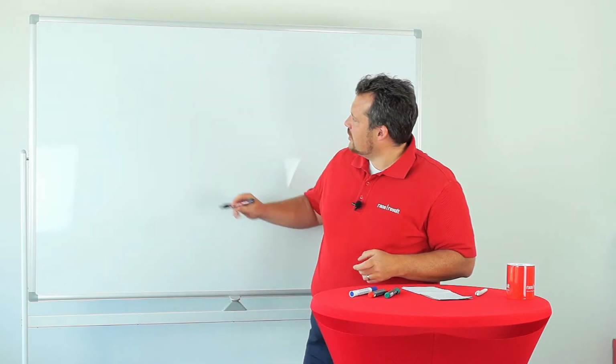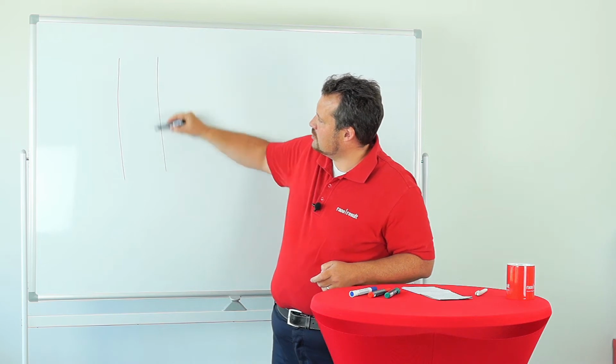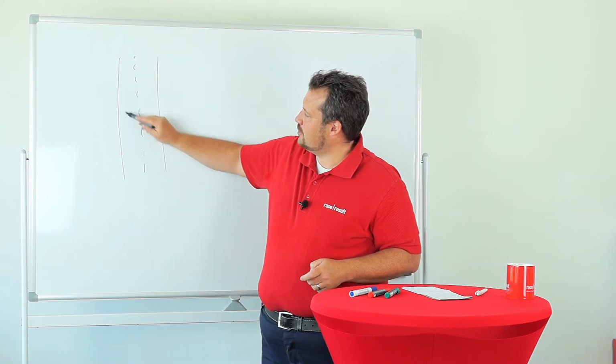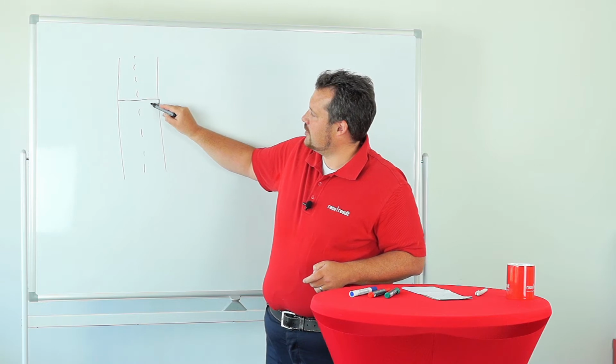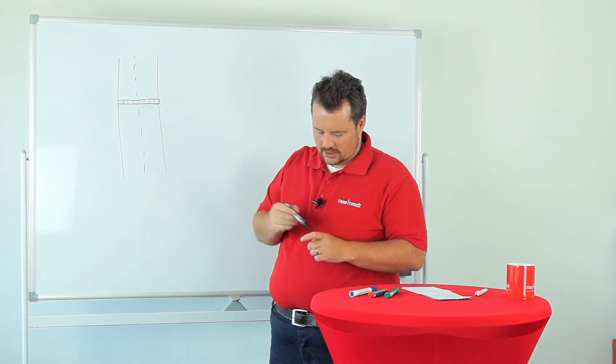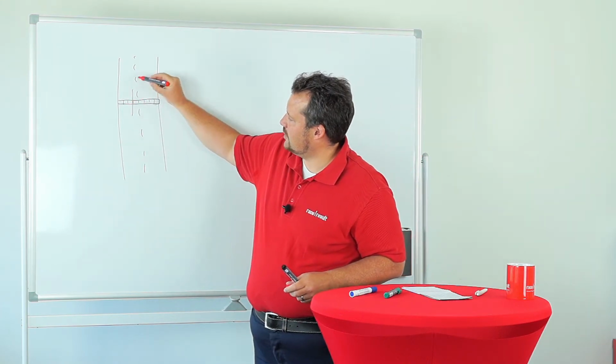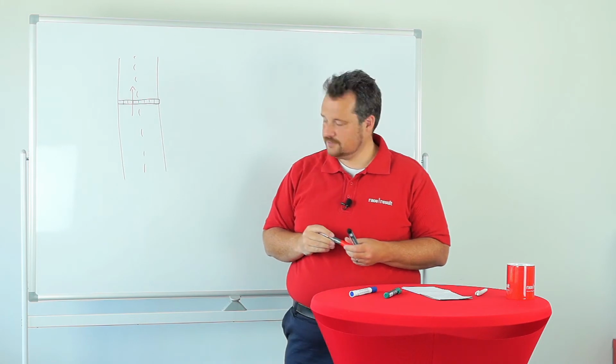Think about it this way. You have your track or road, and you have a setup with a single antenna line going over that road, and you have a transponder passing over that antenna.